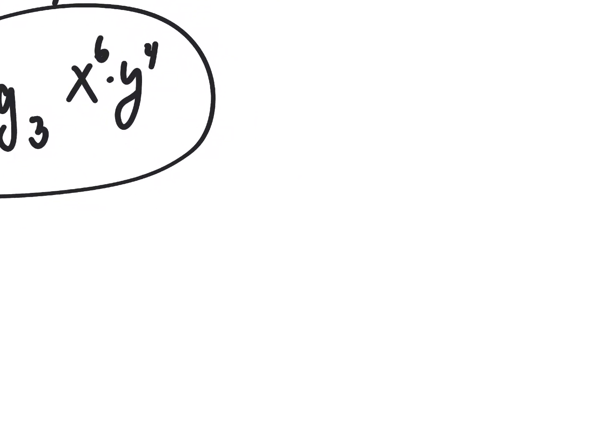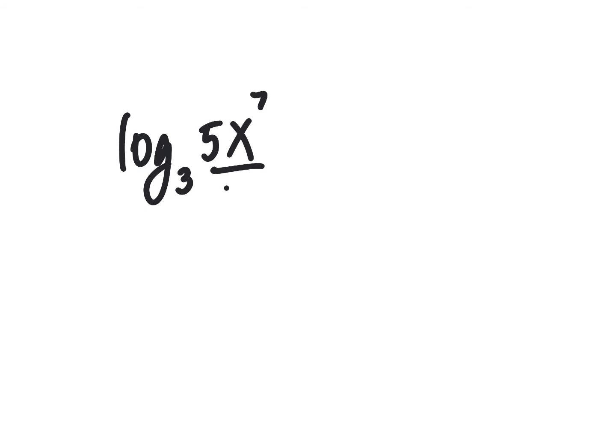All right, next, let's try a different kind. Let's try the opposite of that. What if we had to expand it? Log base 3 of 5x to the 7th over 2x squared. Expand that into multiple logs. And the directions on these are always not just expand.